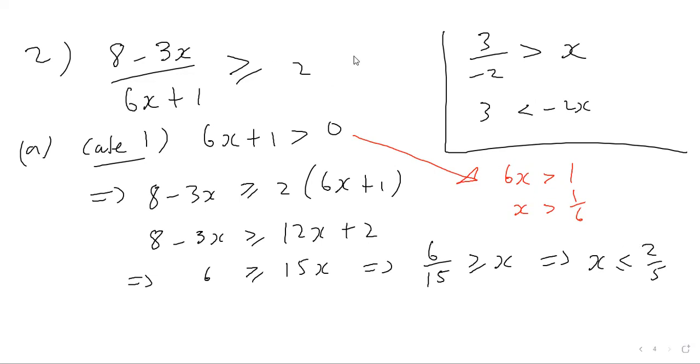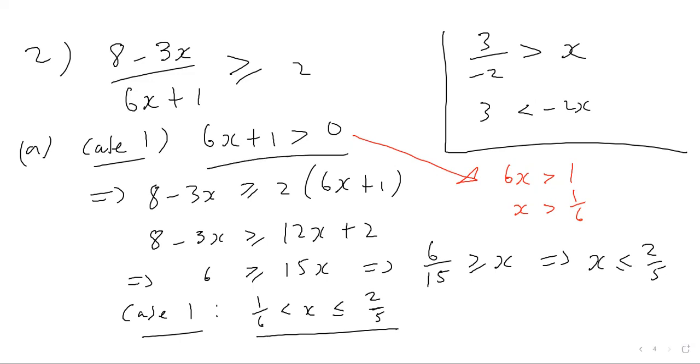So in case number 1, the case 1 solution is that 1 over 6 is less than x, but it's smaller than or equal to 2 over 5. Again, because we want to ensure that 6x plus 1 is bigger than 0, but we get this result here that x must be less than or equal to 2 over 5. So that would be our case number 1 solution.